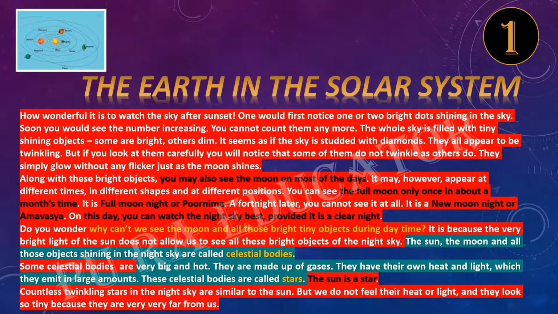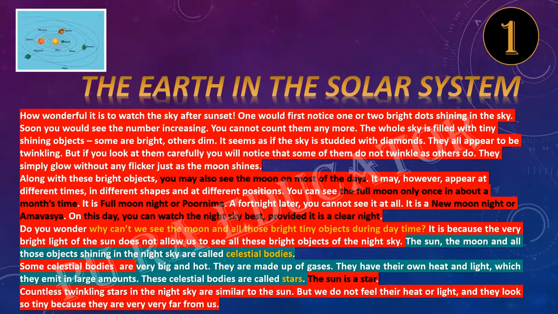They will be shining like diamonds, and it will appear as if they are twinkling. And some are twinkling and some are not. Friends, when you see the sky, it looks like a river, and so we call it Akash Ganga.